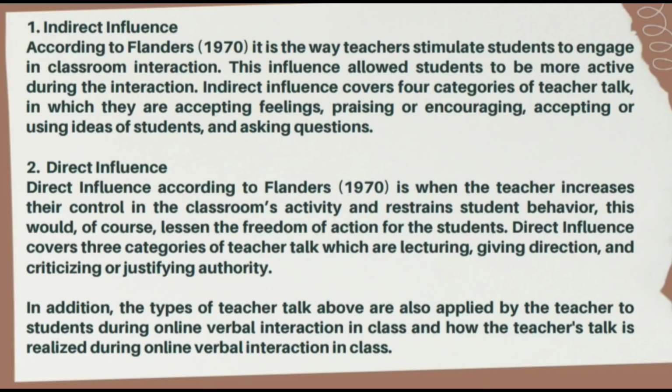Number 1, indirect influence. According to Flanders 1970, it is the way teachers stimulate students to engage in classroom interaction. This influence allows students to be more active during the interaction.